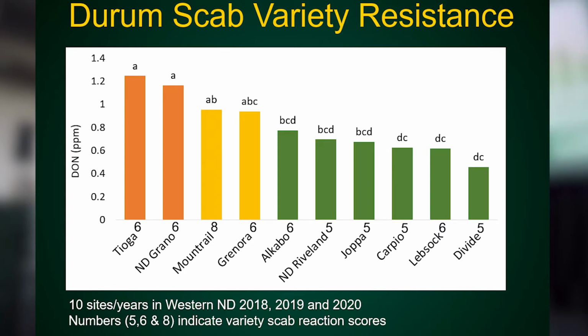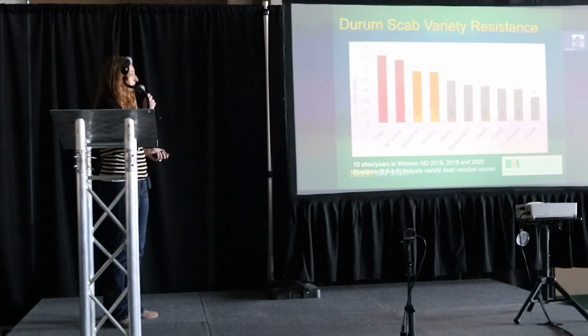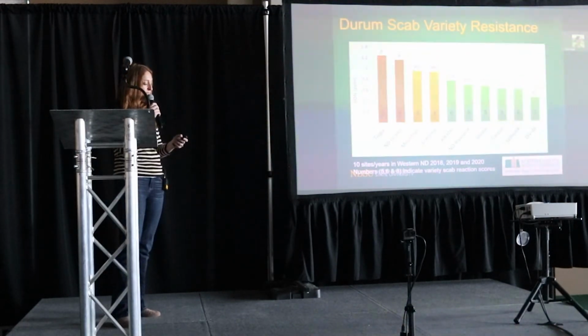My colleague, Andrew Friskop, plants that as his susceptible check in his fungicide trials out east. And so this one might be a variety that really does perform differently east to west. So hopefully this data can help you select a variety with some good resistance. I know our ND Riblin is our latest release.